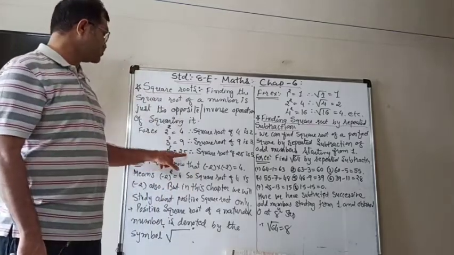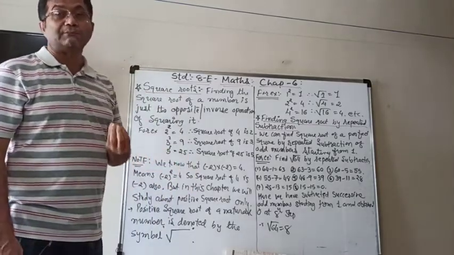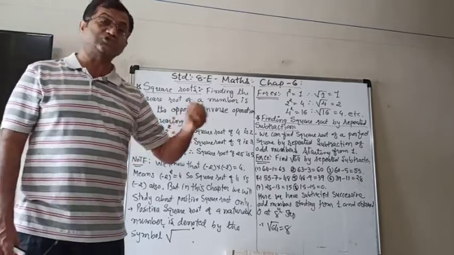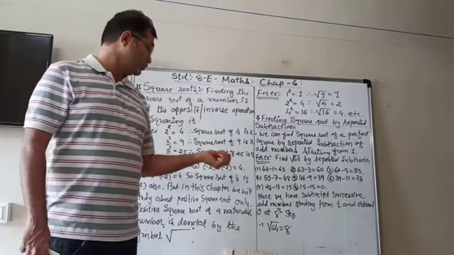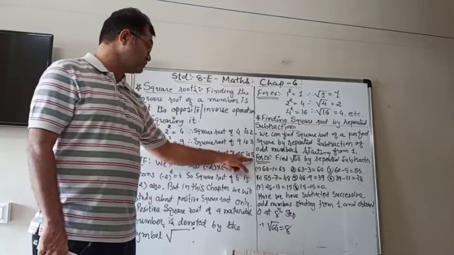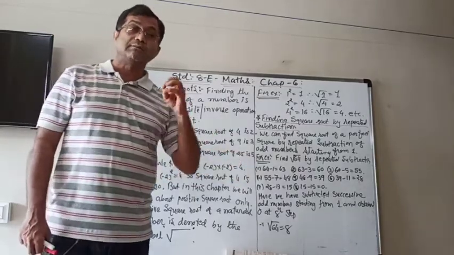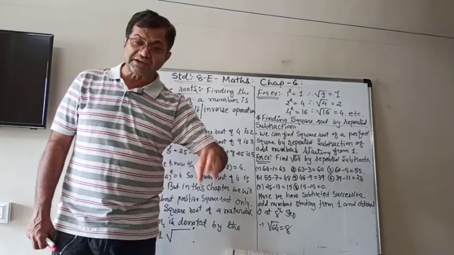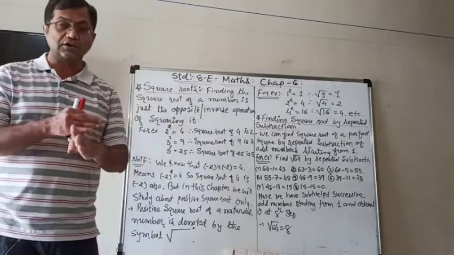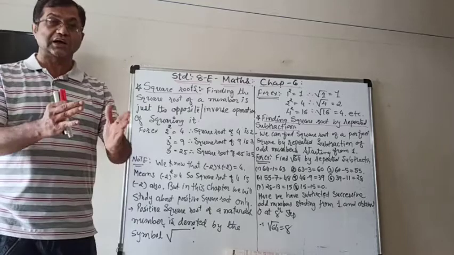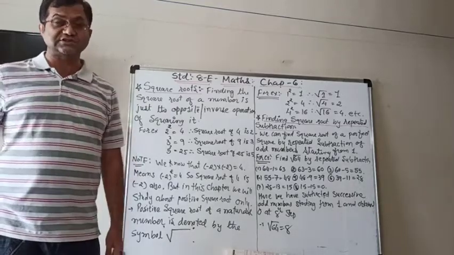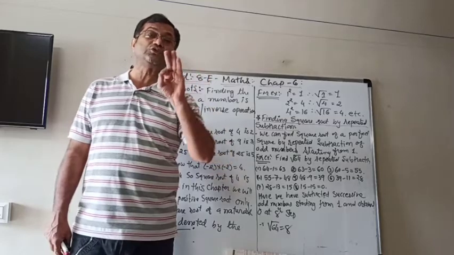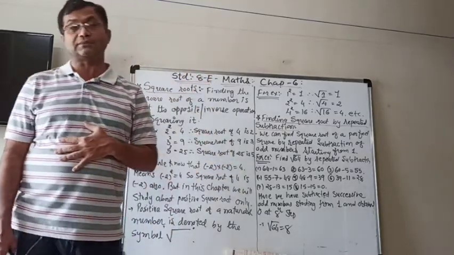Similarly, 5 square is 25, but minus 5 square is also 25. So square root of 25 is 5 and it can be minus 5 also. But for this chapter we have to take the limitation that we will count only the positive square root of the number.